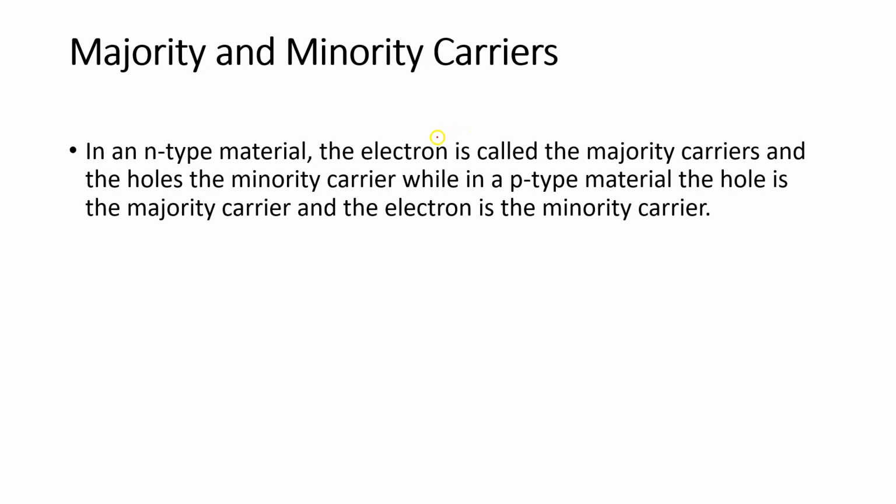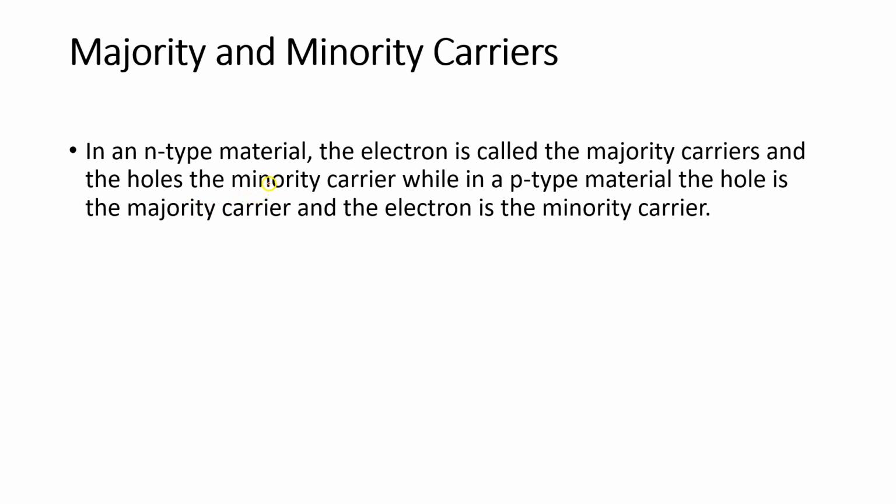Because an n-type material is negatively charged, which means it has more electrons moving around in it, the majority carriers are going to be the electrons. You follow me? And because you have more electrons, the minority charge carriers are going to be the holes, which are the positive charge. That's a thing you must remember.